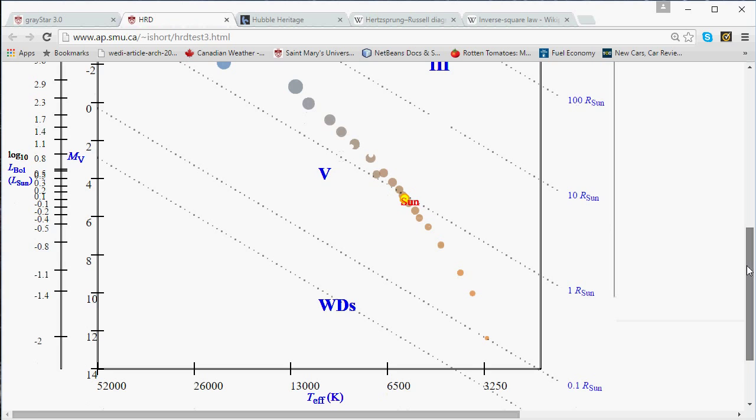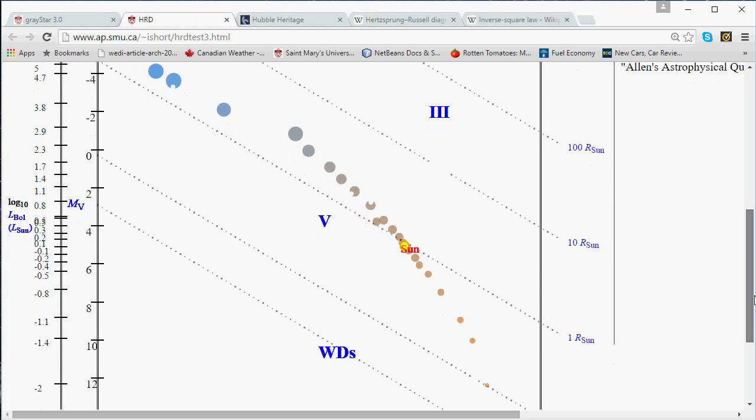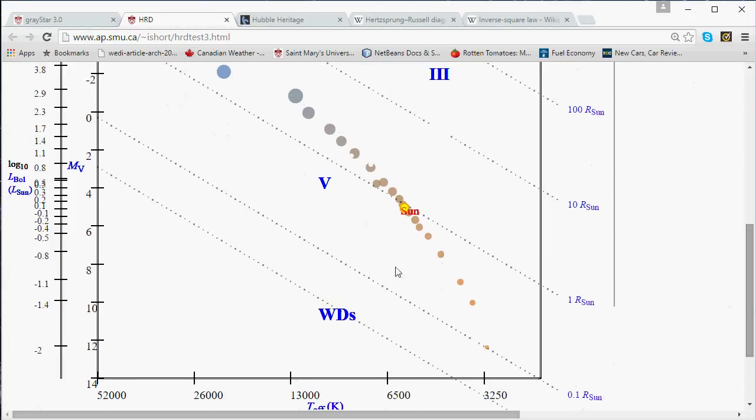Now, in looking at this group, I'm just going to ignore these stars up here a little bit. Those are actually very hot, very luminous stars that are a little bit exotic. So let's just ignore them and just think about the stars down here, which are really the ones that make up most of this group.